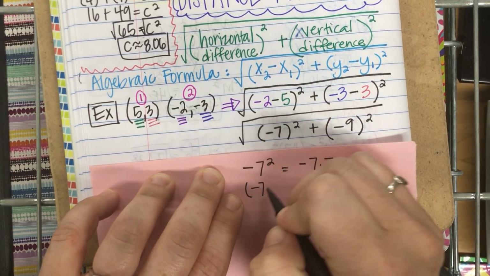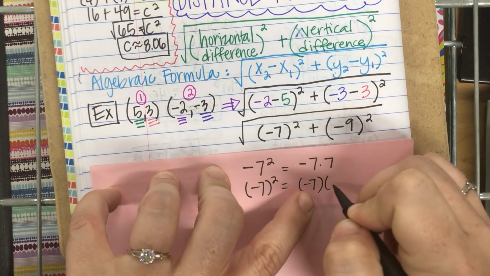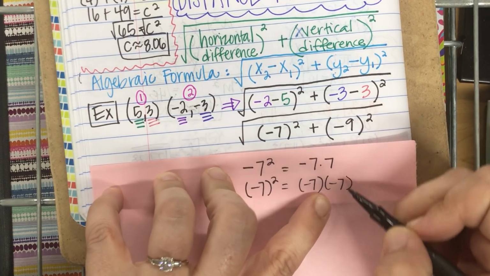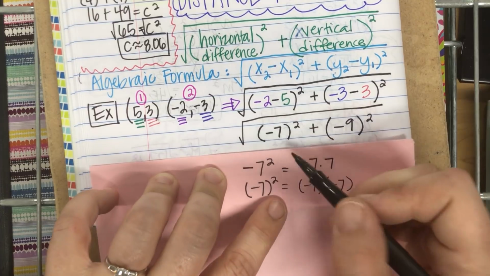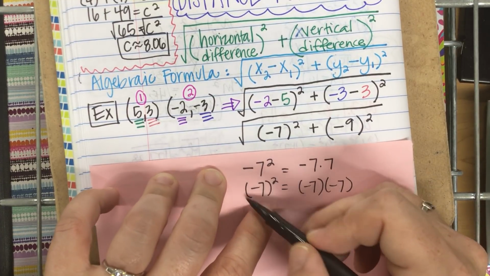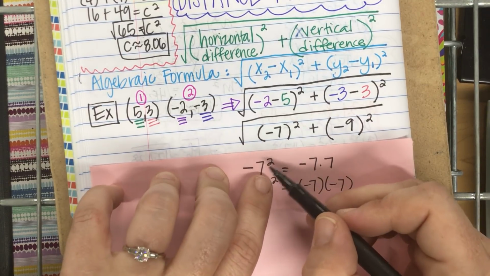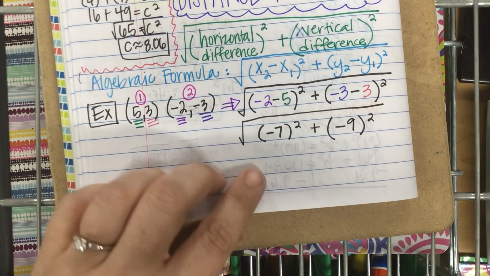But if you do (negative 7) squared, that means negative 7 times negative 7. And we know that this answer and this answer will be different. That exponent here is only touching the 7. The exponent here is touching the parentheses, which means whatever's inside the parentheses repeats. Here it's only touching the 7, meaning only the 7 repeats. So it needs to stay inside parentheses.